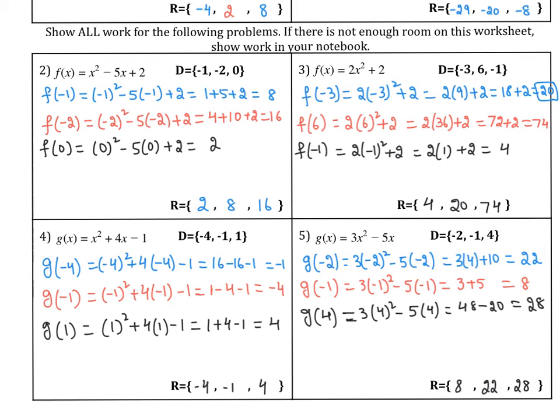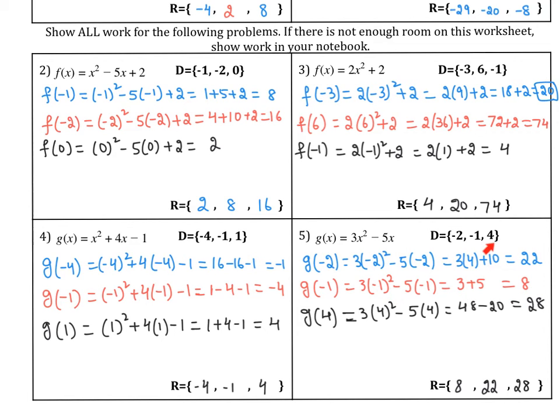Now use negative 1 for x value. So g of negative 1 is 3 times negative 1 squared minus 5 times negative 1. So this is going to be 3 times 1, because negative 1 squared is just 1, plus 5. So 3 plus 5 is 8.